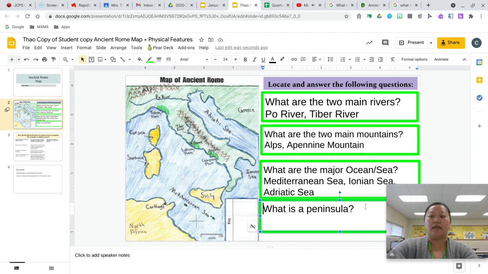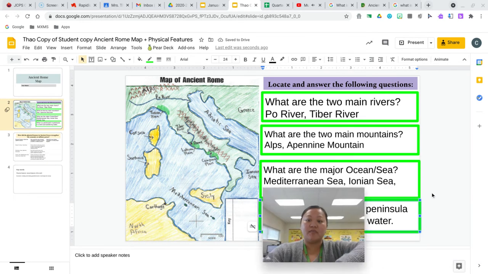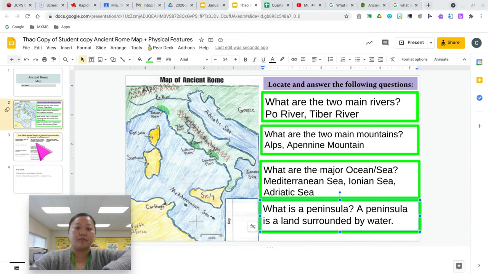So we can state that a peninsula is a piece of land surrounded by water. And that's what it is, period.